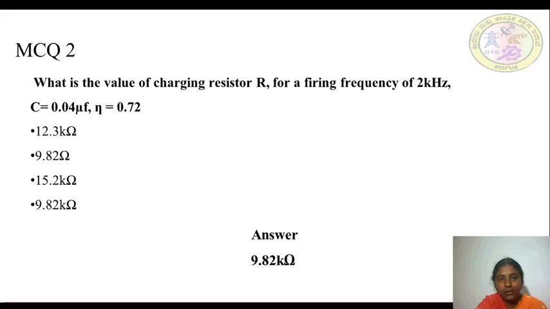Here you have to apply T is equal to 1 by f = RC ln of 1 divided by 1 minus eta. If you substitute the eta value, the capacitor value and the frequency that are given, the time is nothing but 1 by frequency, then you can find out the R value. So the R value will be 9.82 kilo ohms.